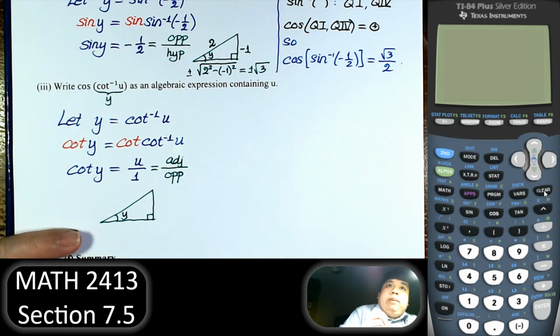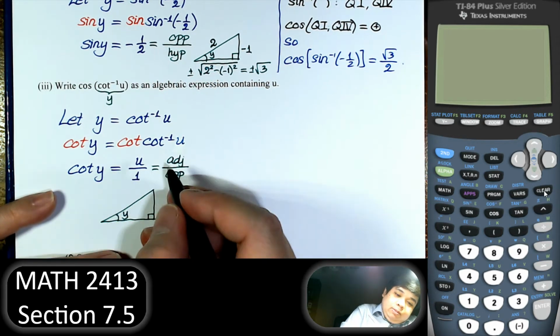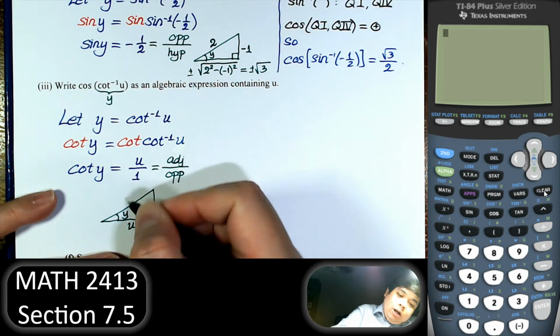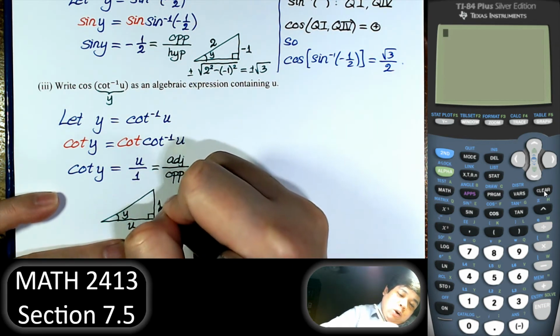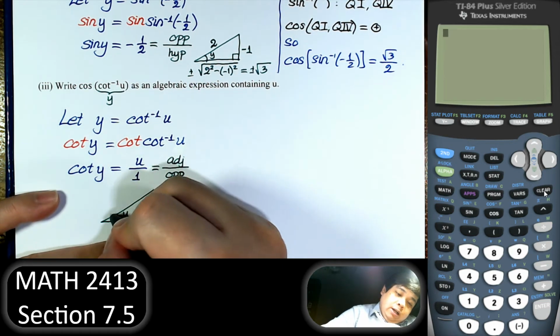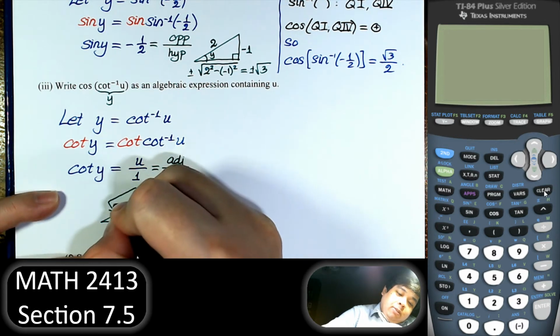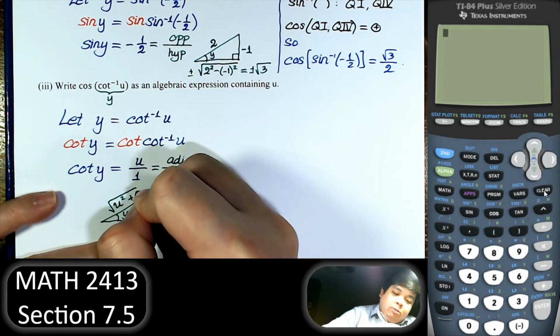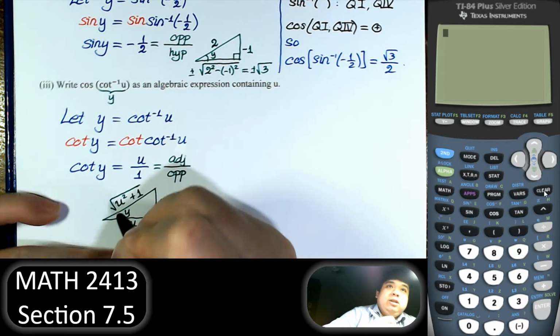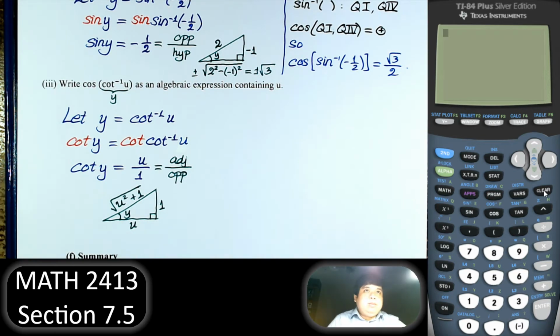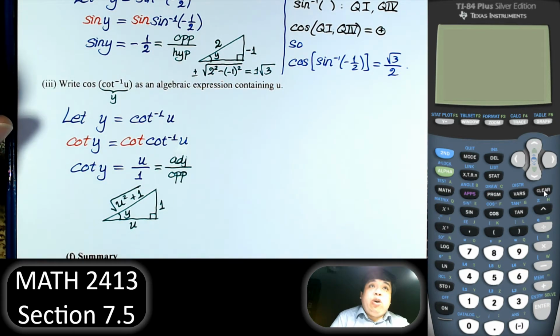The angle is y. Adjacent is u. Opposite is 1. Hypotenuse is always positive: square root of u squared plus 1 squared, or u squared plus 1. 1 squared is still 1. So we have that. Simple enough.